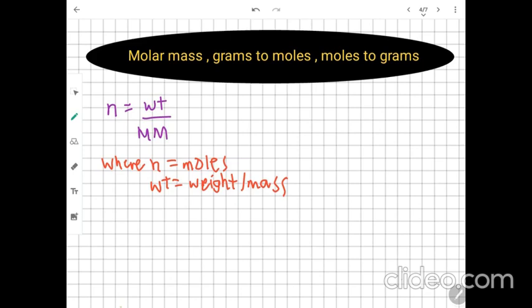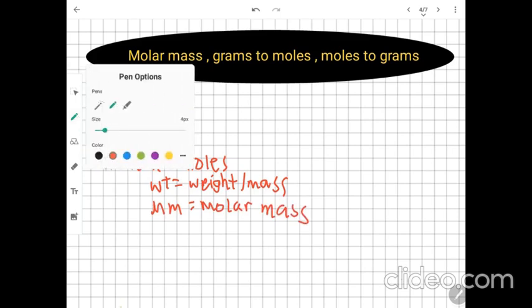Pero sa case natin sa chemistry, pwede natin sila i-consider yung weight and mass sa case lang nitong molar mass na parehas, okay? For this case, so here, weight or mass, and your mm is your molar mass.